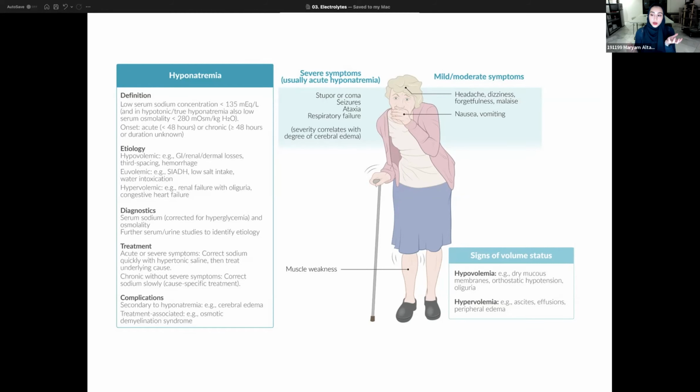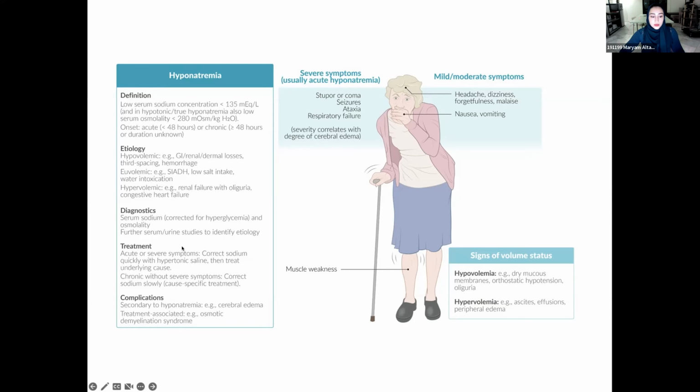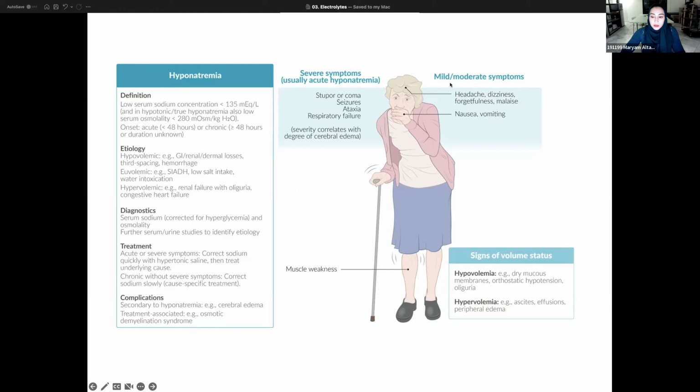So the water is going to go from the plasma into the cells. And the problem is the brain is in a closed cavity, so it's going to cause cellular swelling, and basically edema.